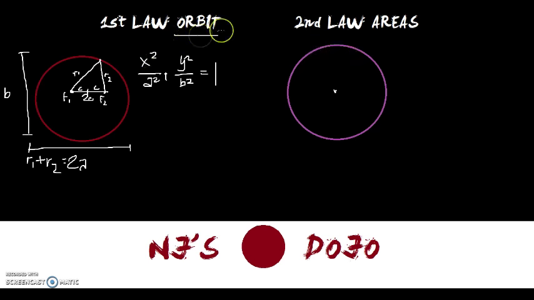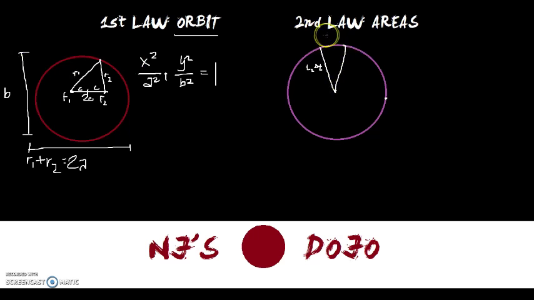Basing from the previous law, let's say a planet is here and a planet is here, and of course, let's say we have the planet's radius here for a certain period of time, and then eventually it proceeds here, basing from the focal point.